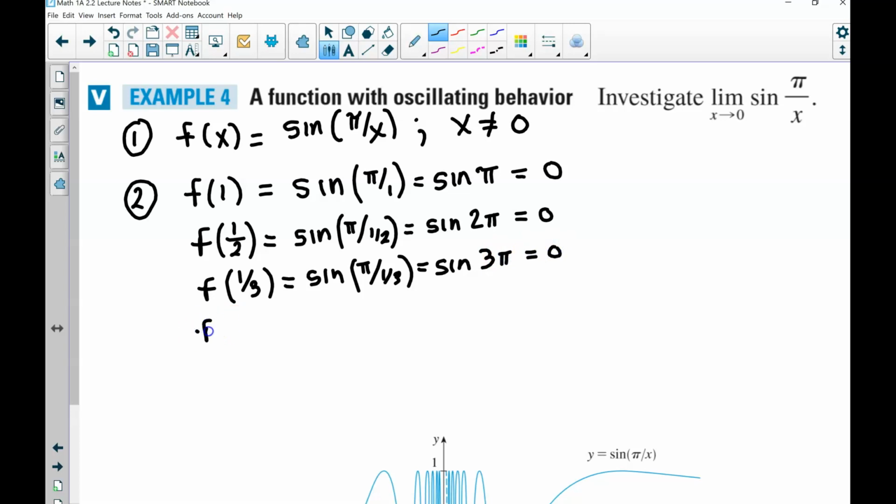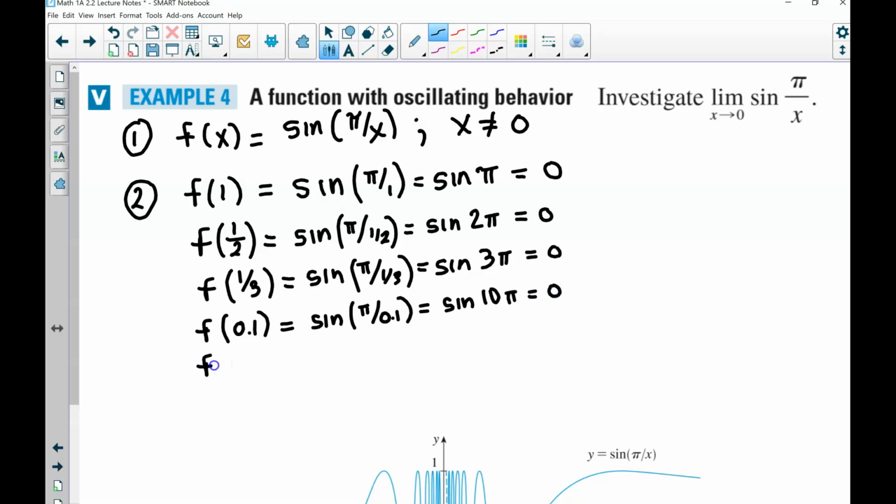If we take a look at f of 0.1, which is equal to the sine of pi over 0.1, that's the same thing as the sine of 10 pi, which again is equal to 0.